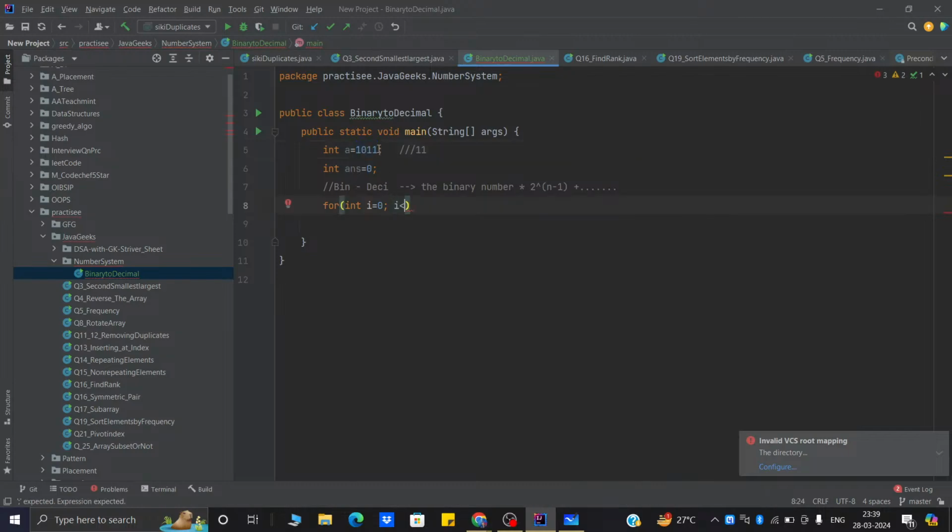We have to iterate 4 times, right? So how can we get the length of the number?